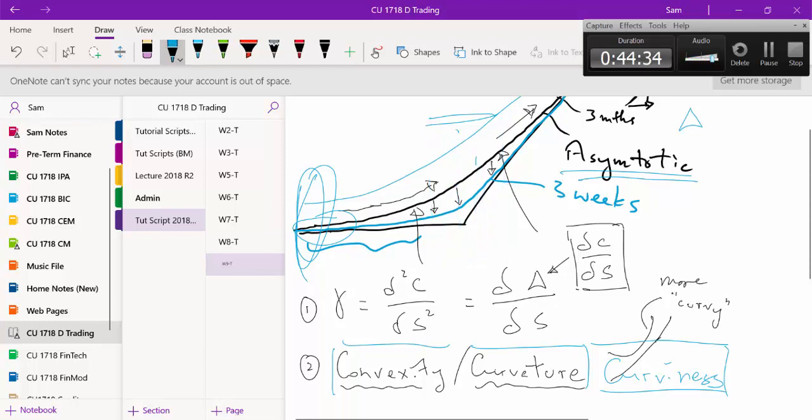I now look at this point and this point here, and I ask myself, what is the gamma of an option at this point in time, which is at the money 3 months, compared to this point, which is at the money, but 3 weeks. Which one do you think has a higher gamma? 3 weeks. Why? It's more curvature, right? In other words, it's changing very, very fast.